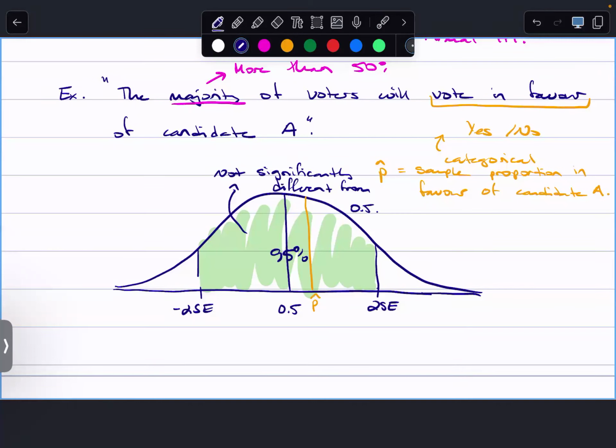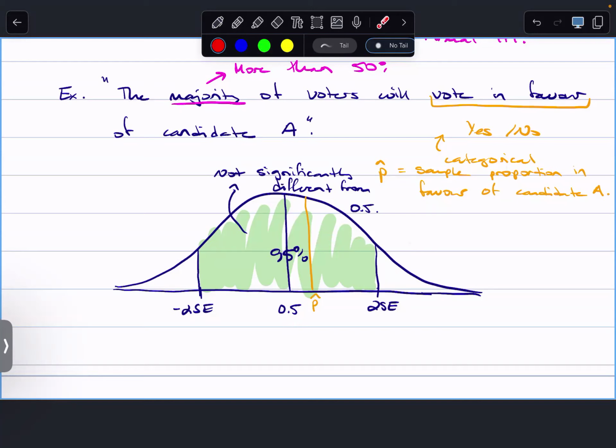And so what we do instead of talking about how many standard errors away you are from the center, this hypothesized proportion, is what we're going to call it later. Okay, is we're going to say, okay, the probability of seeing something more extreme, right?